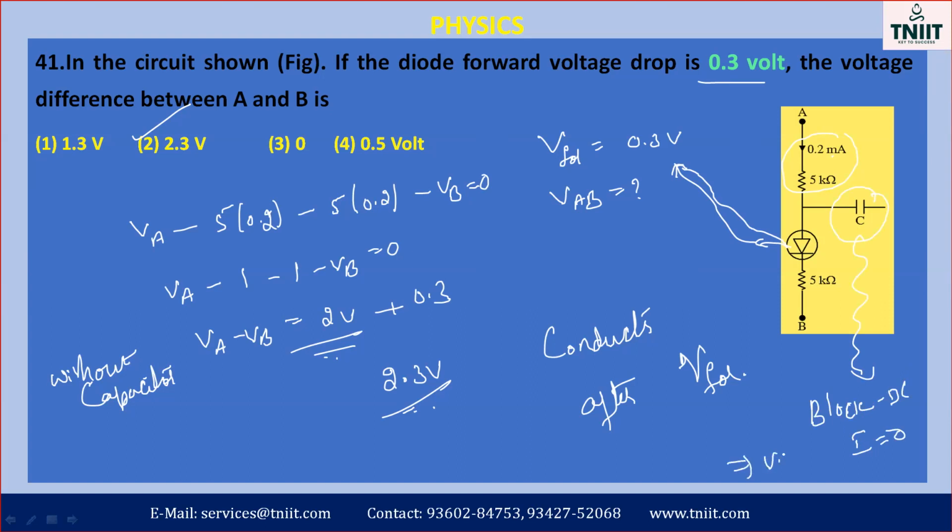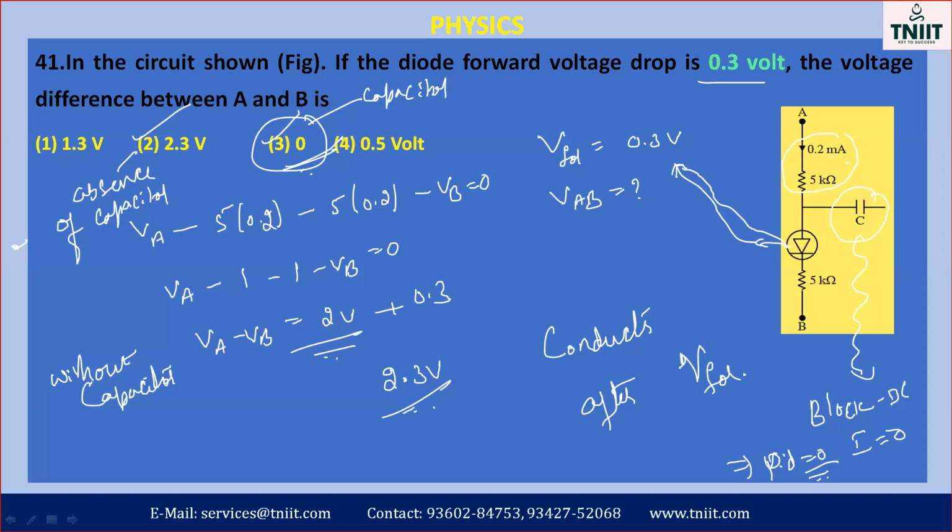Clearly, this tells that the potential difference across the diode should be 0. So the potential difference between A and B will become 0 in the presence of the capacitor. This is in the absence of the capacitor. So you can take option C as our answer because the capacitor is connected here.